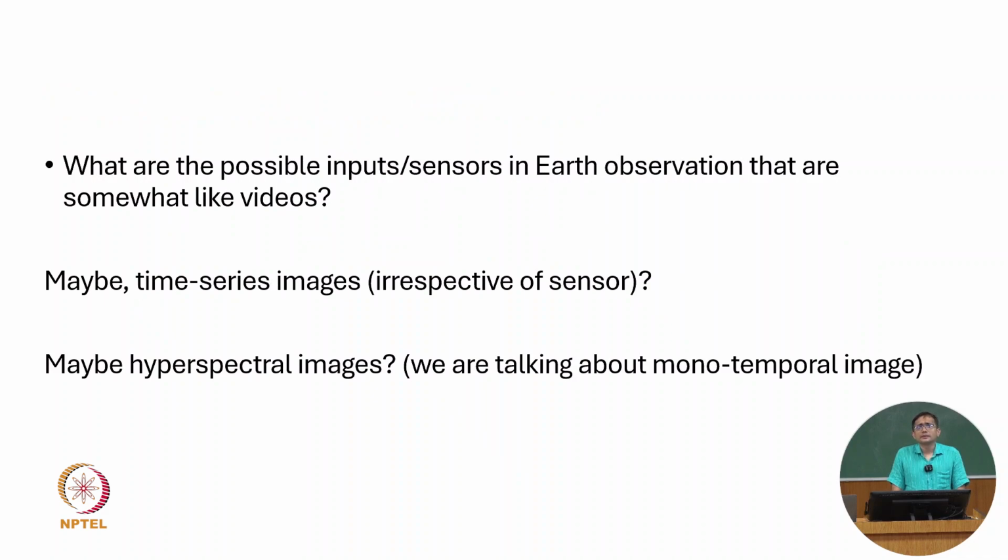So what are the other possible input sensors in Earth observation data that are somewhat like video? We already talked about time series images. What about hyperspectral images? At this point, I'm not talking anymore about time series, rather I'm talking about a monotemporal image, that is a single hyperspectral image.